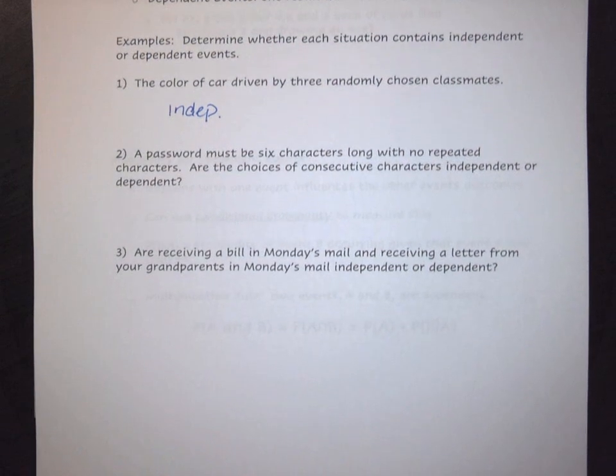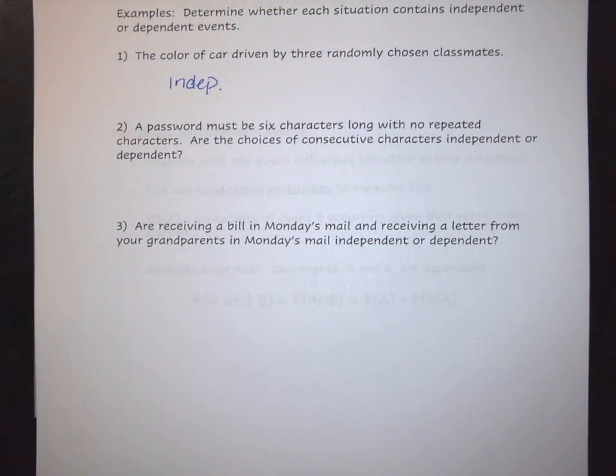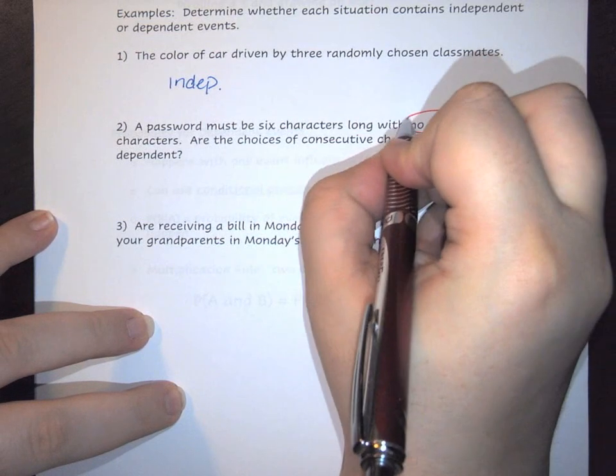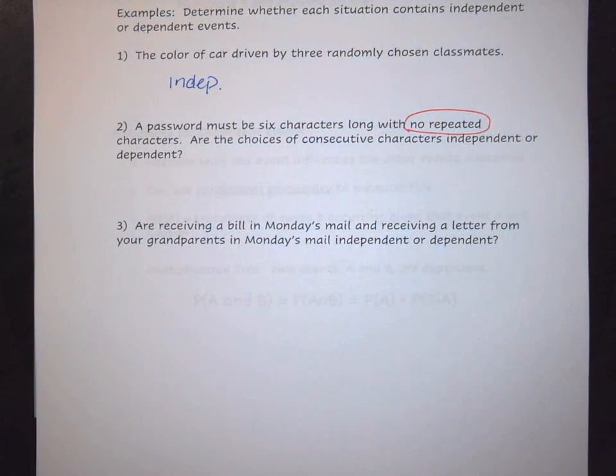Now, my second one says a password must be 6 characters long with no repeated characters. Are the choices of consecutive characters independent or dependent? Well, the way you tell is very clear. Here, we have the phrase no repeated.